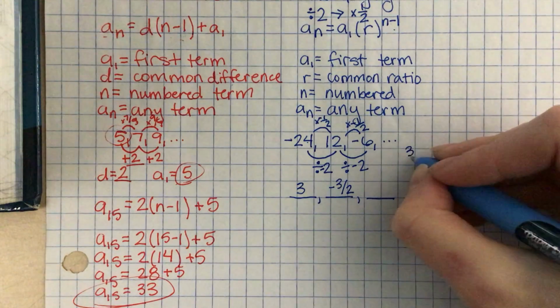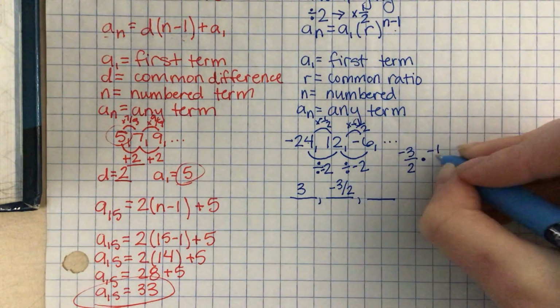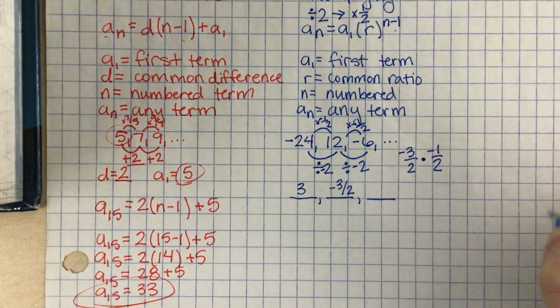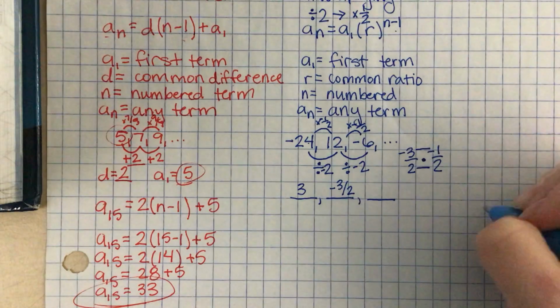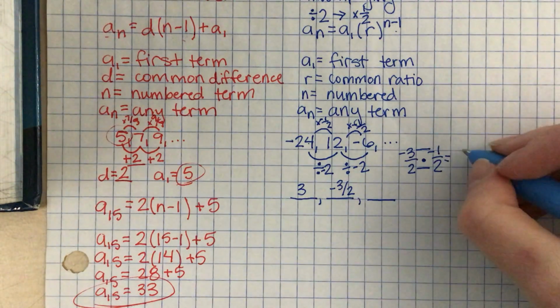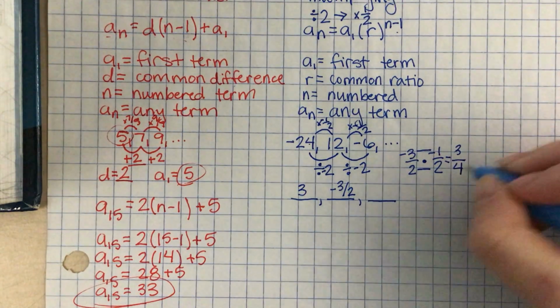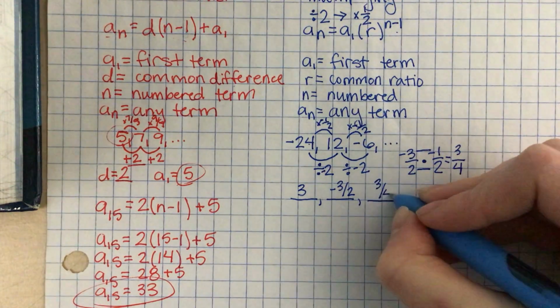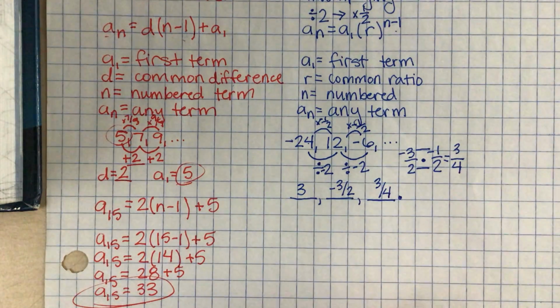Well, let's do that over here just so we can all stay on the same page a little bit better. Negative 3 times a negative 1/2. When I multiply fractions, we multiply the tops together and the bottoms together. If I multiply negative 3 times a negative 1, that just becomes a positive 3. And 2 times 2 gives me 4. So this is 3 over 4. So that would be the next 3 terms in that sequence.